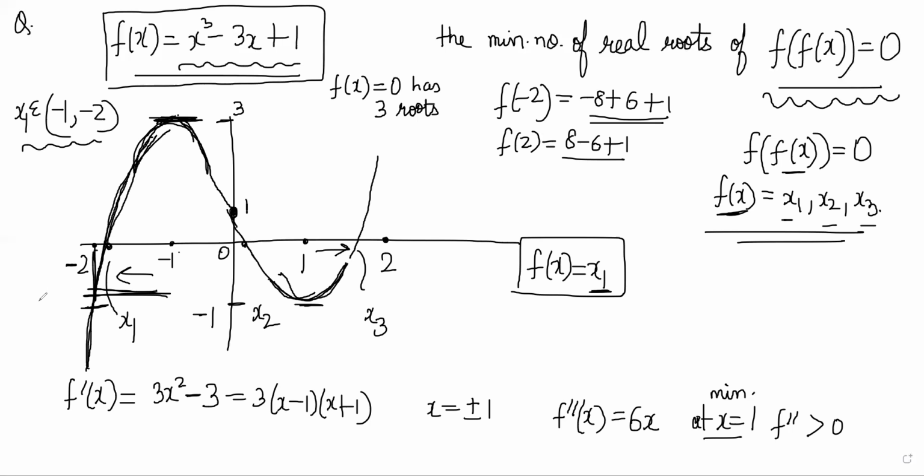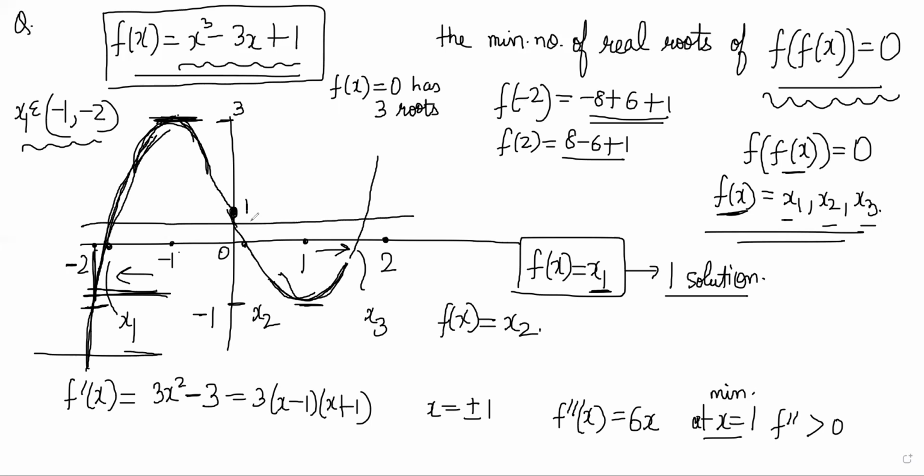Are you understanding what I'm saying? Yes. It is an increasing function in this region, so it can only cut that level once, right? So one solution here. Yes. Correct. And if f of x has to be equal to x2, x2 was between 0 and 1, something between 0 and 1, so this level, right?